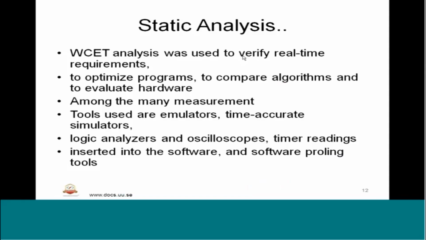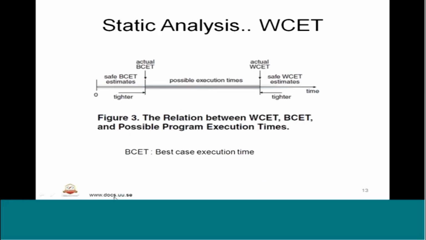You can see an example from one of the web references that I have used. So here both aspects have been put in this diagram, which has BCET and WCET. So BCET is best case execution time, and WCET, you know, is worst case execution time.